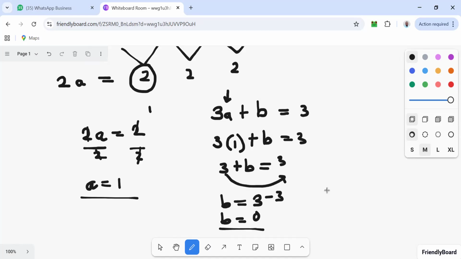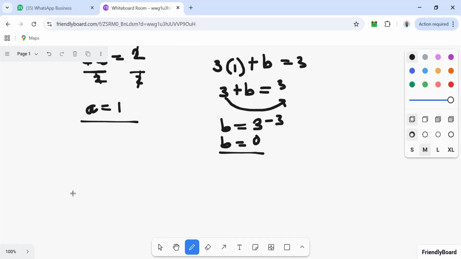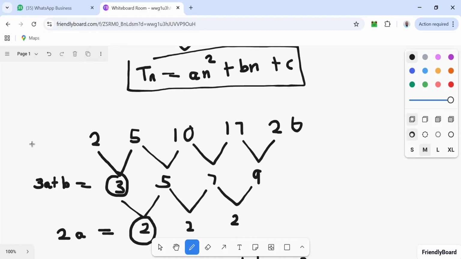Okay, so which rule am I going to use? Now I can use A plus B plus C. All right, and we did say that A plus B plus C is equal to the first term of the quadratic number pattern.